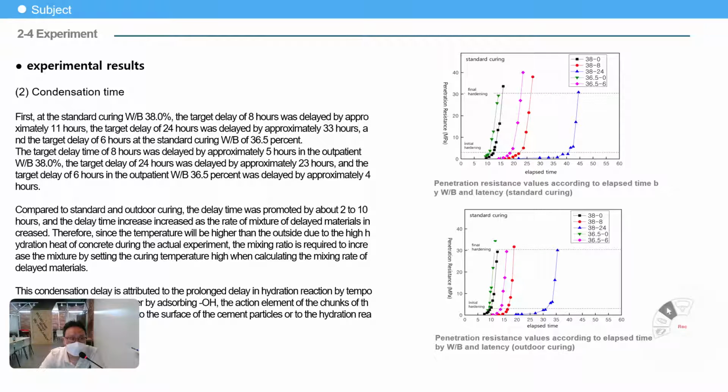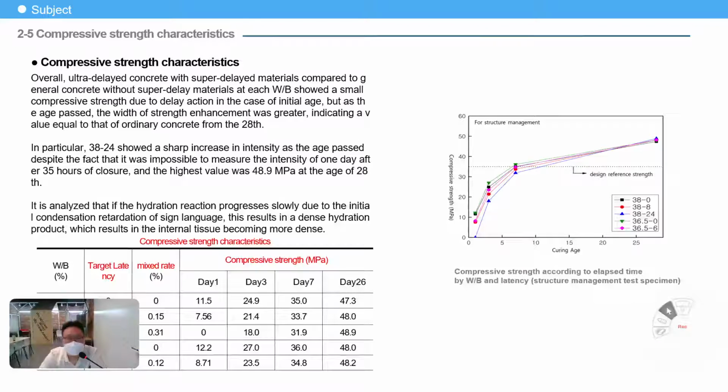The experiment result is this picture. Compressive strength characteristics. This table is compressive strength characteristics: water binder, target retardation, mixed rate, compressive strength.